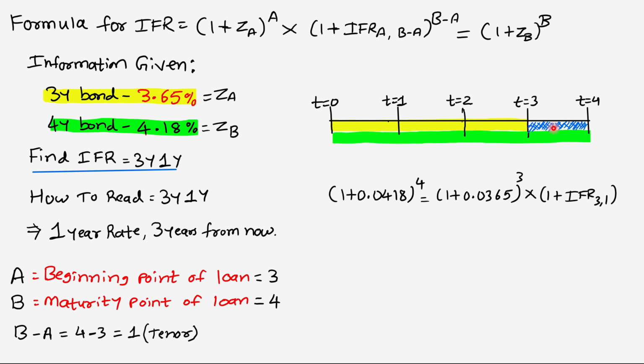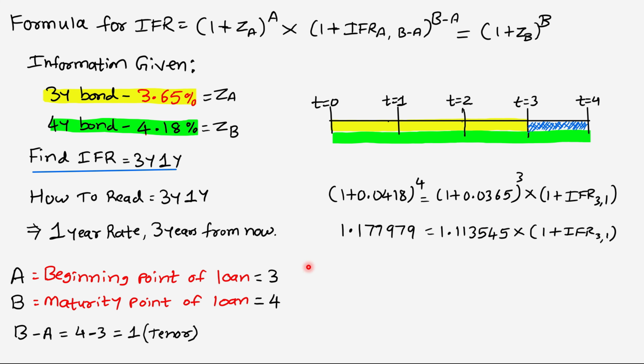Okay, so if you look into this formula, so 1 plus the spot rate. So what's the spot rate? ZB. So the spot rate here is 4.18%. So 1 plus 0.0418 to the power 4, because we have 4 compounding periods, equals 1 plus 0.0365, the spot rate for the 3-year bond, to the power 3, times 1 plus the implied forward rate for 1 year, 3 years from now.